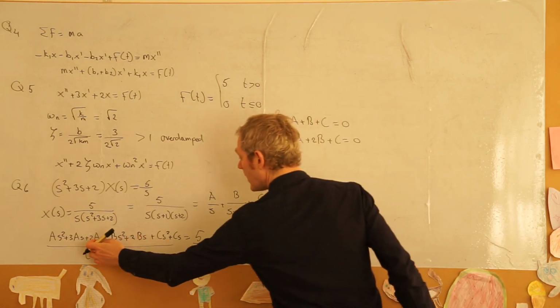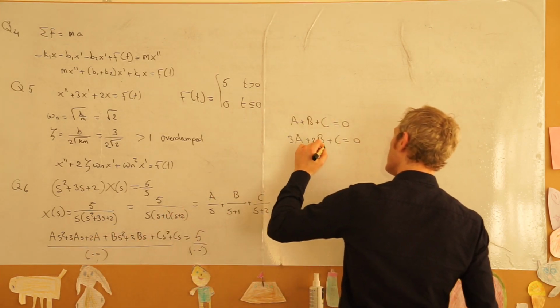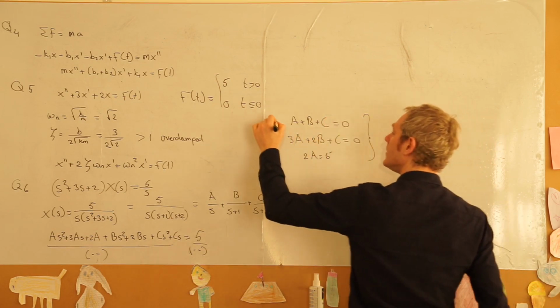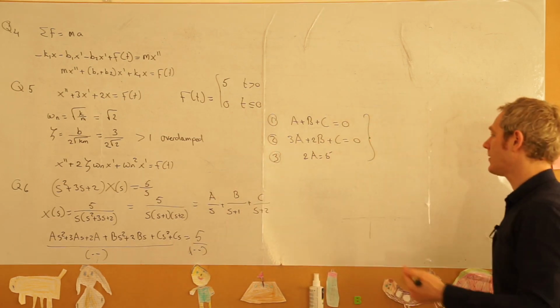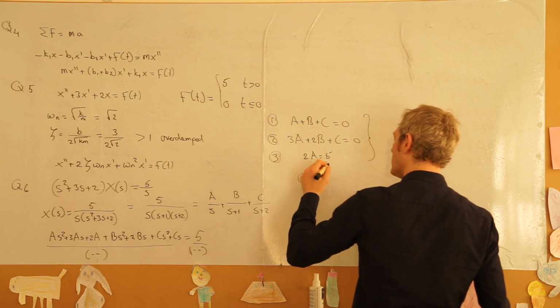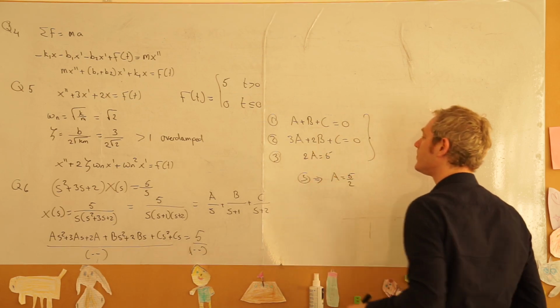And then I have 2A equals 5. I'm going to call these 1, 2, and 3, so that I can say things like 3 implies that A is 5 over 2.